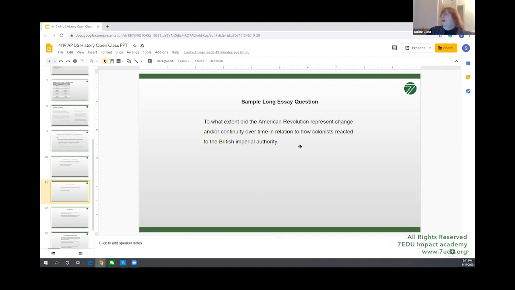So you have to know not only what was happening that caused the American Revolution, but you also have to be able to identify what's going on with the British imperial authority, how it remained the same, or how it changed over time, say from the French Indian War, or even before that, the period of salutary neglect, okay?